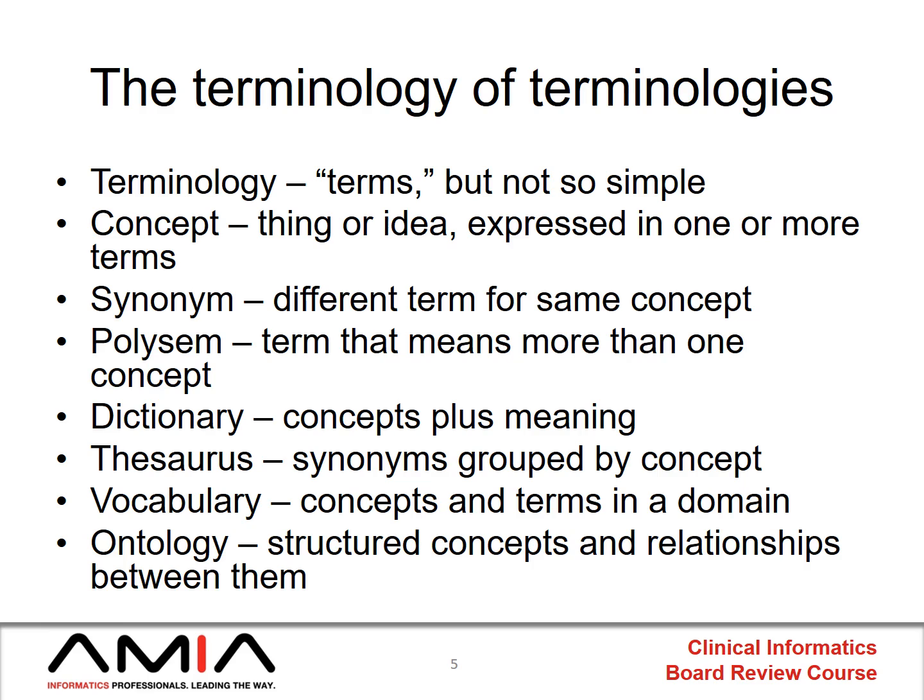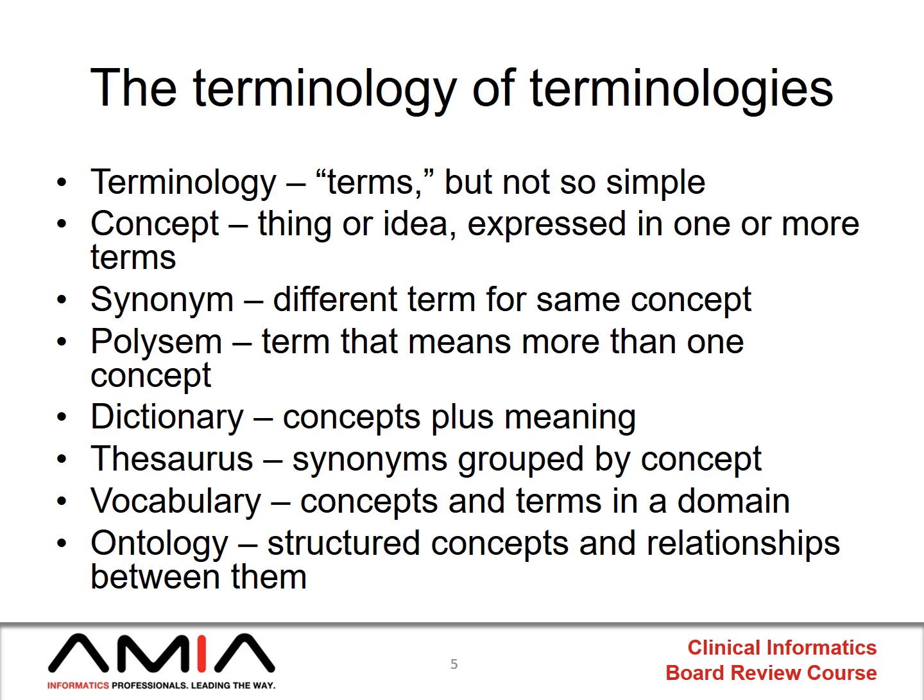There's a lot of terminology when it comes to terminologies, and the definitions of these terms should be understood. Let's start with terminology itself, typically a collection of terms, but that's actually not quite accurate, as terminology means many different things to different people. Let's start with the idea of a concept, which is a thing or an idea.